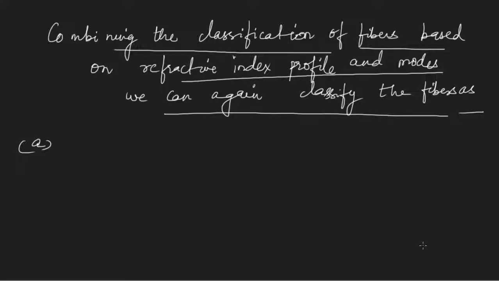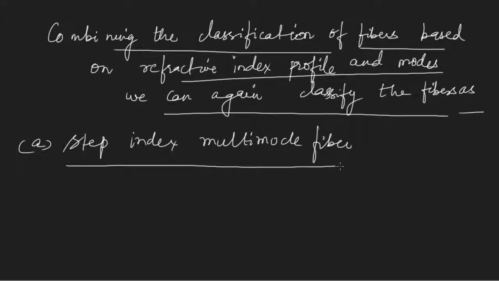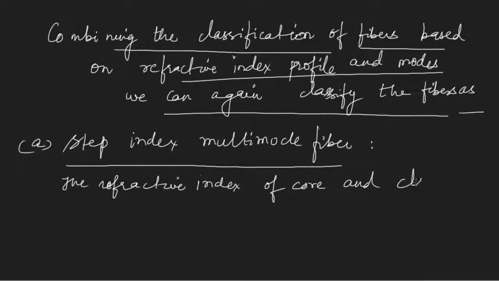So if I combine the classification of fiber by refractive index profile and modes, I can classify as first, step index multimode fiber, the first classification, whose definition is obvious, that because it is step index, the refractive indices of core and clad are constant.